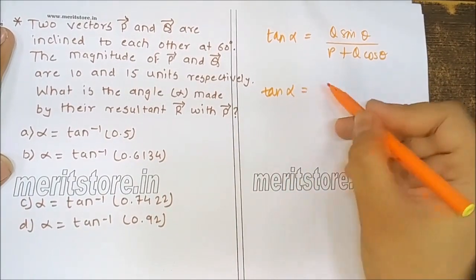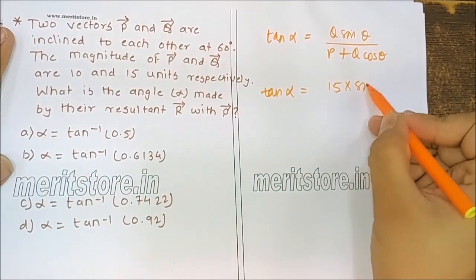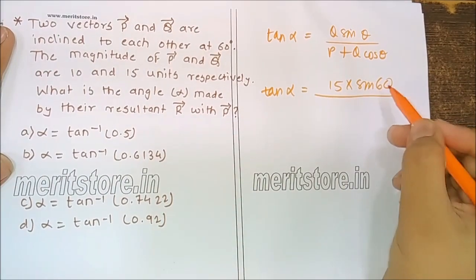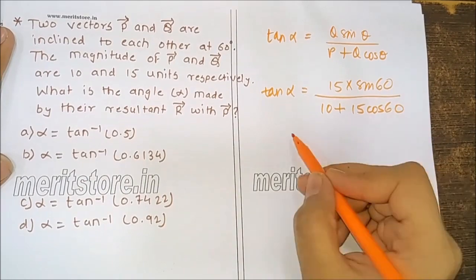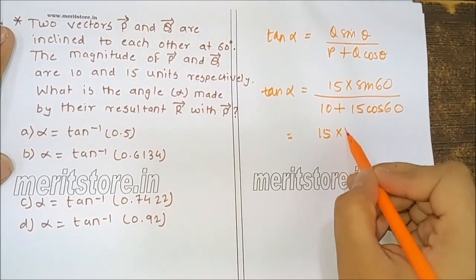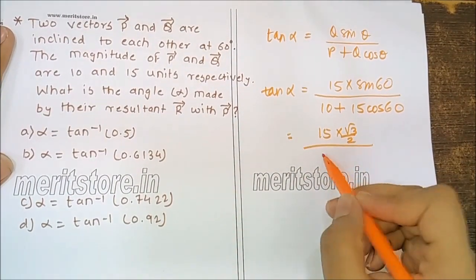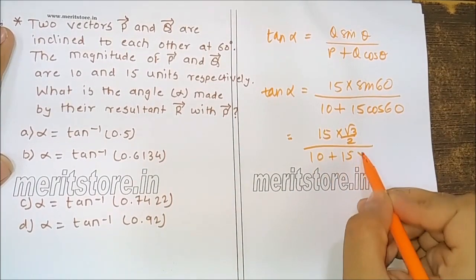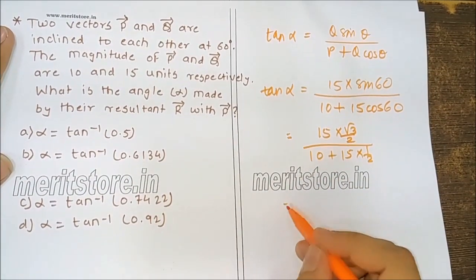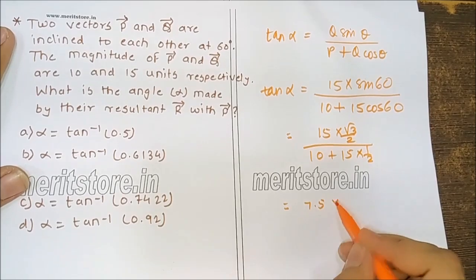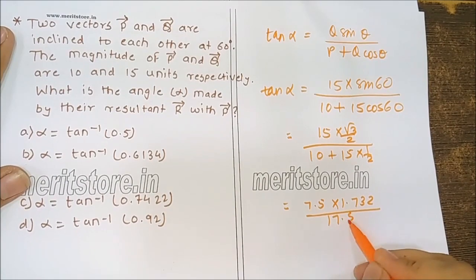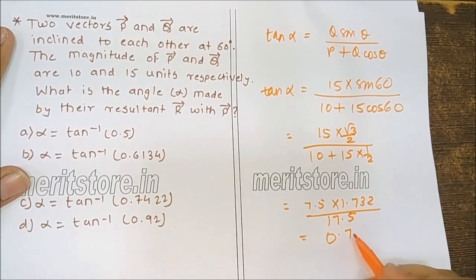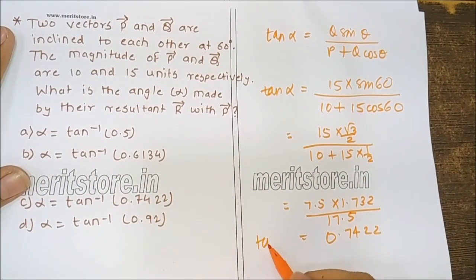Tan alpha is equal to 15 sin 60 upon 10 + 15 cos 60, which is 15 into root 3 by 2 upon 10 + 15 into 1 by 2, which is equal to 7.5 into 1.732 upon 17.5, which is equal to 0.7422. So tan alpha is equal to 0.7422.